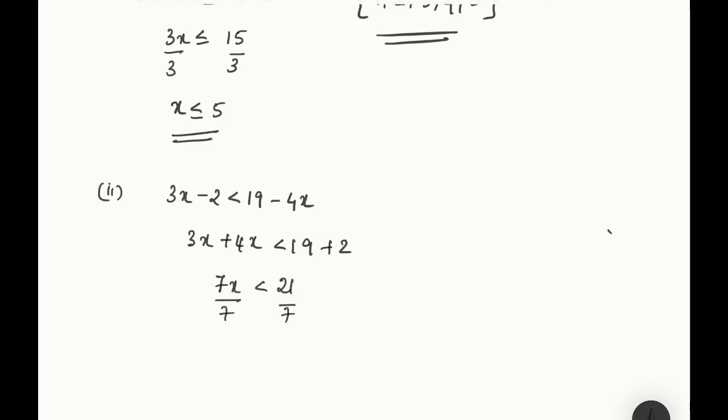Divide by 7, divide by 7. X less than 3. If x less than 3 and it belongs to natural number, what are the numbers? 1, 2. Okay. The solution set is 1, 2.